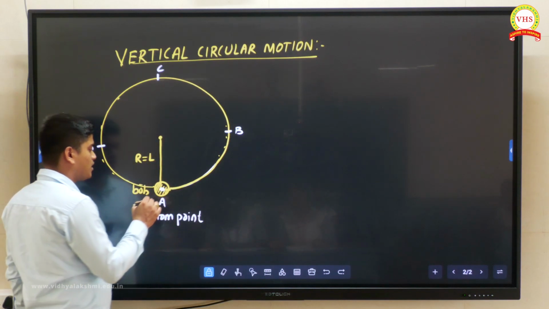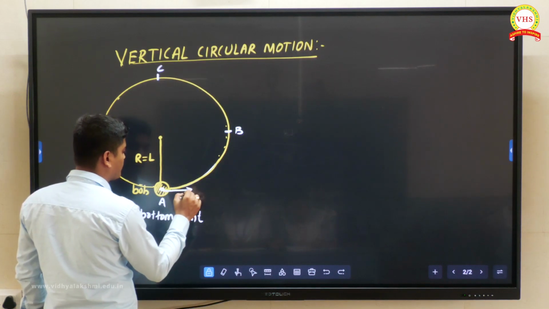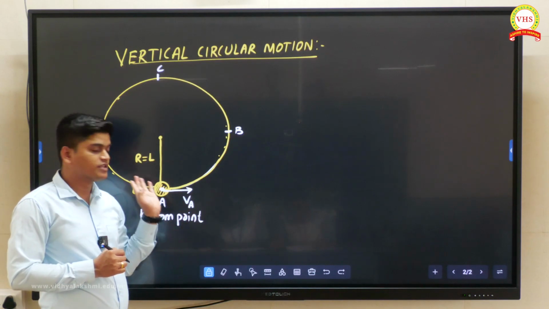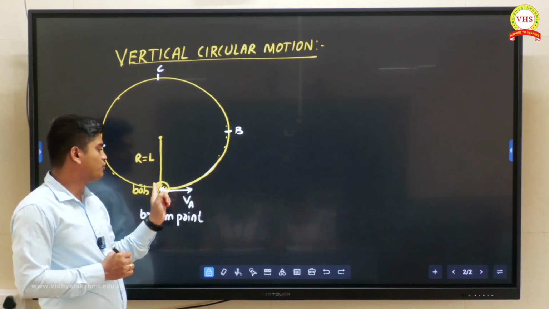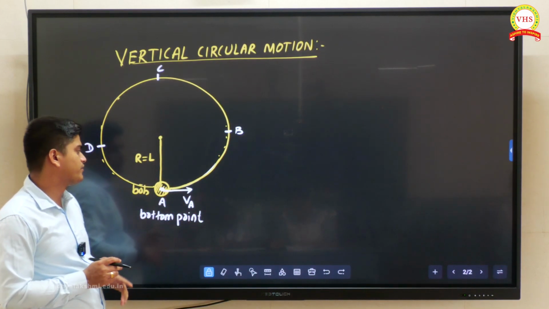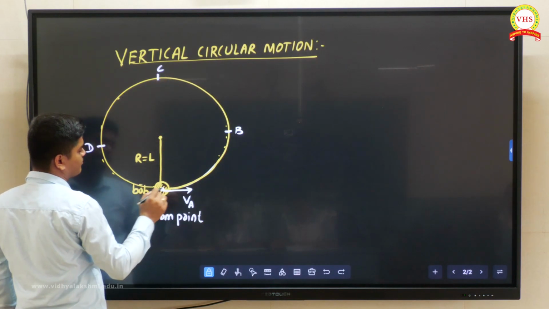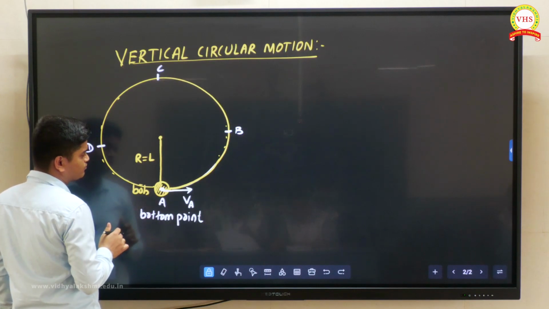Let's see one velocity here, VA, which is given at the bottom point in the horizontal direction. Due to this it can move in a vertical circular motion. When this particle reaches C, I'll give one velocity VC. At B, velocity VB, like that I can give.